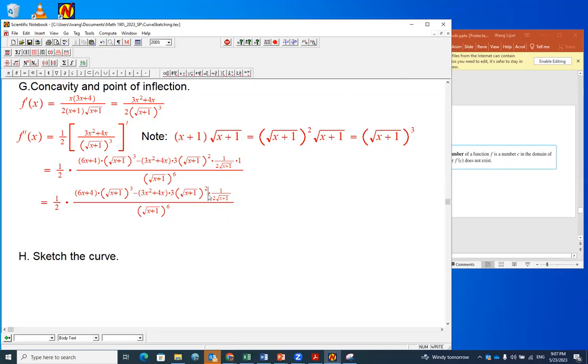But notice you have a root of x plus 1 squared and the root of x plus 1 to the power 3, and this is root to the power 6. So this power 2 and this power 3, and there's a power 2 here, so they can reduce. So we take this, so this will be 4 left, and that will be just 1 left.